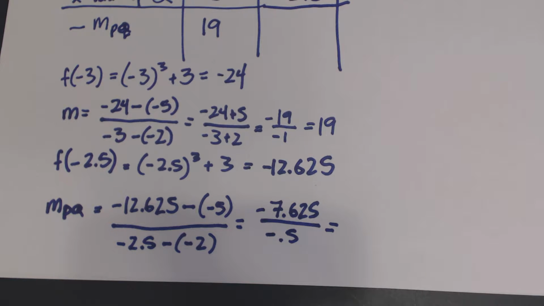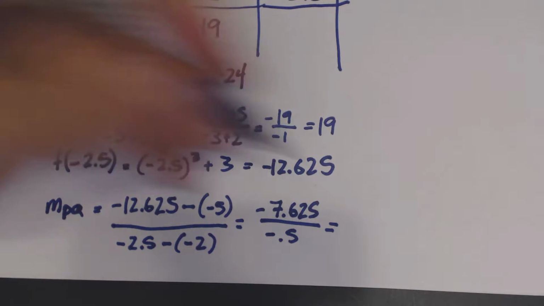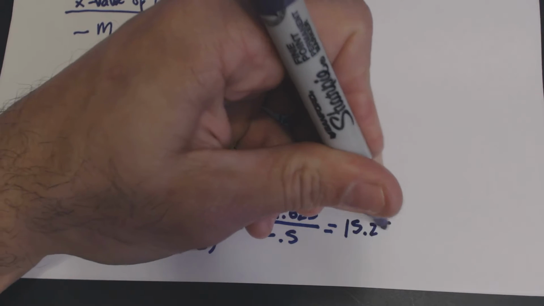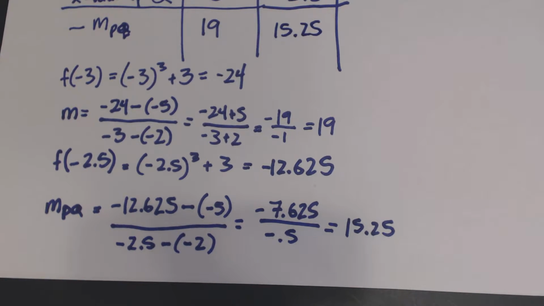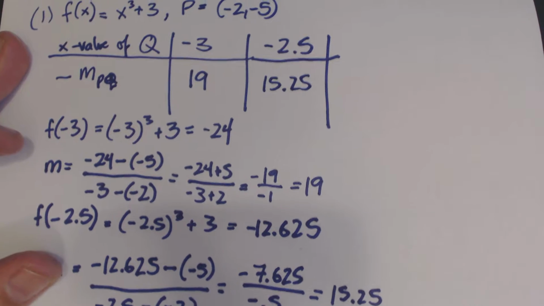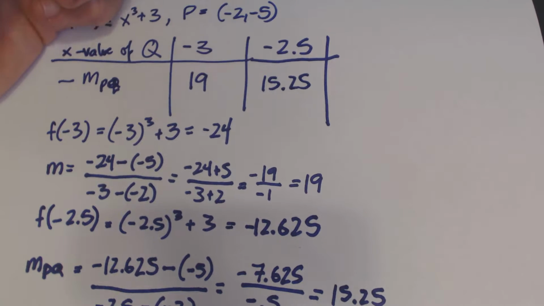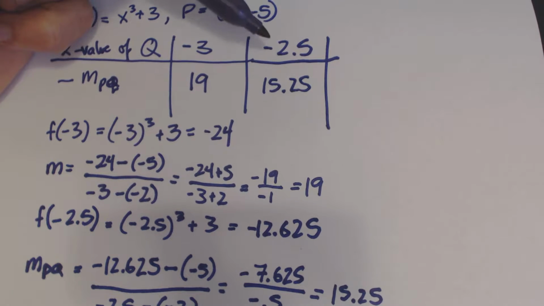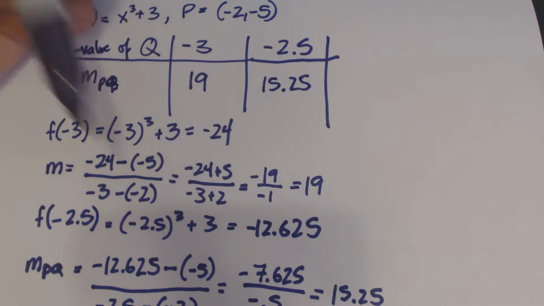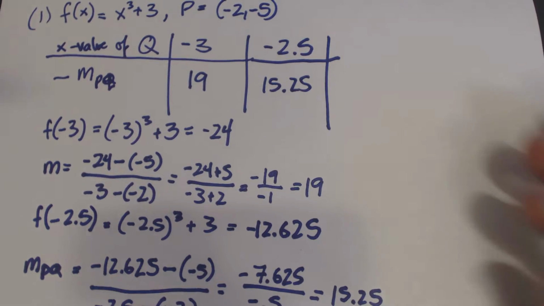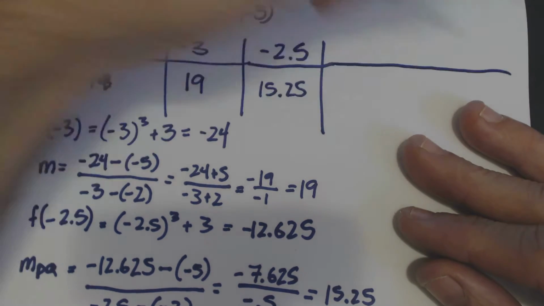So that's going to be 7.625, the negatives drop out, divided by 0.5, which is 15.25. So that will be the slope of the line connecting the original point P to this new point, -2.5, -12.625. Alright, let's keep moving.